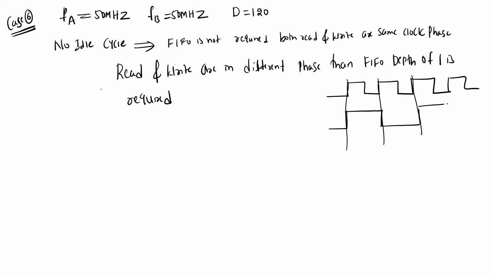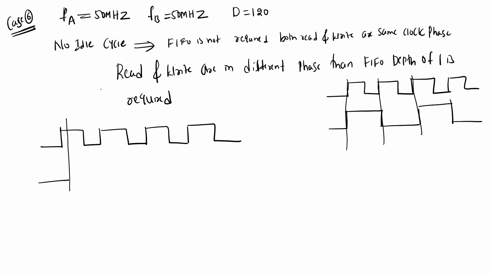Different phase means, suppose this is the writing frequency, and the reading frequency starts from here.